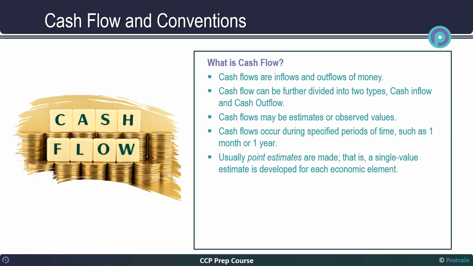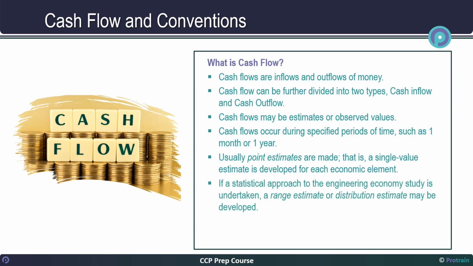Usually point estimates are made, that is, a single value estimate is developed for each economic element. If a statistical approach to the engineering economy study is undertaken, a range estimate or distribution estimate may be developed. As far as this course and CCP certification is concerned, our discussions shall be limited to point estimates.